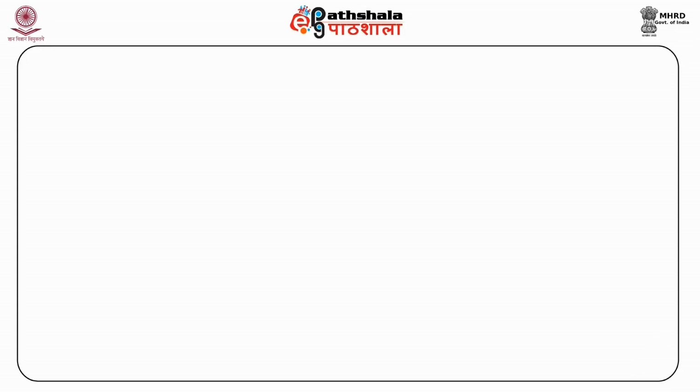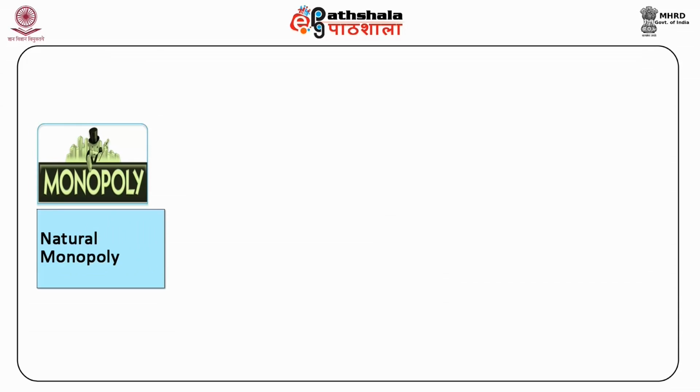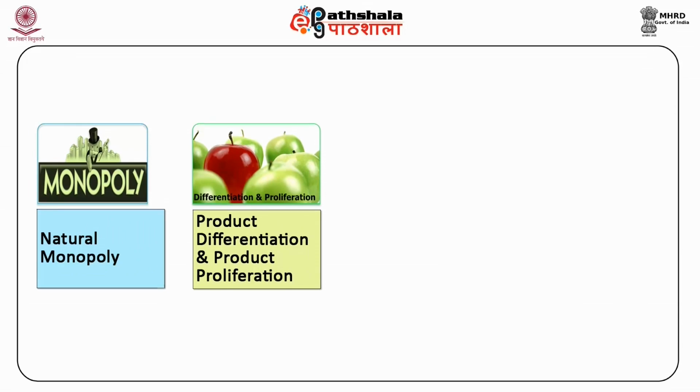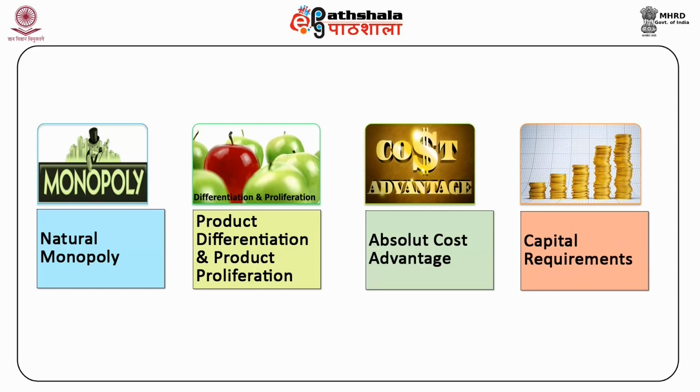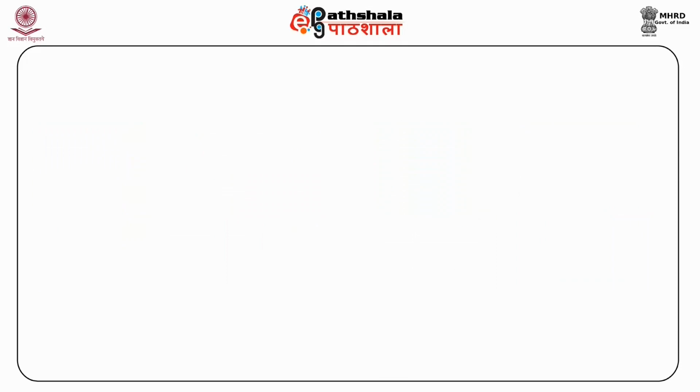Starting with non-institutional barriers to entry, they are as follows: natural monopoly, product differentiation and product proliferation, absolute cost advantage, and capital requirements. Let us understand each of them in detail.